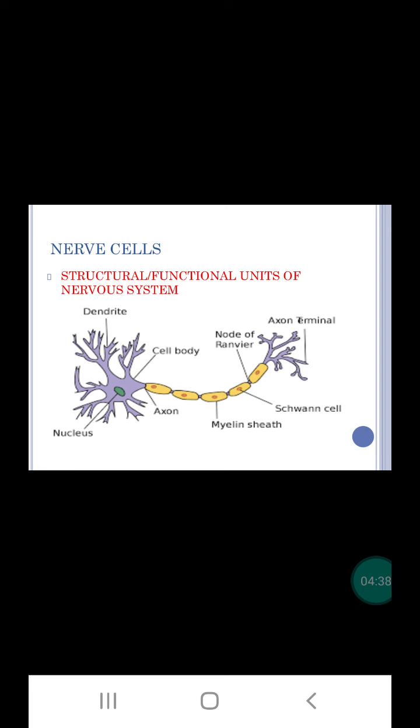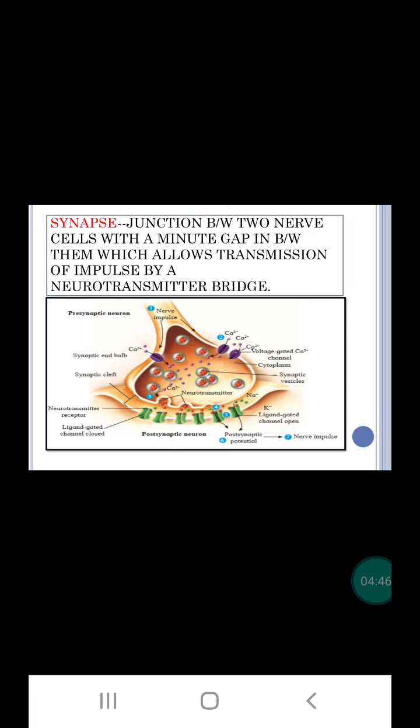So one nerve is joined to another nerve through the synapse. So synapse is a junction between two nerve cells with a minute gap in between them, which allows transmission of impulse by a neurotransmitter bridge.